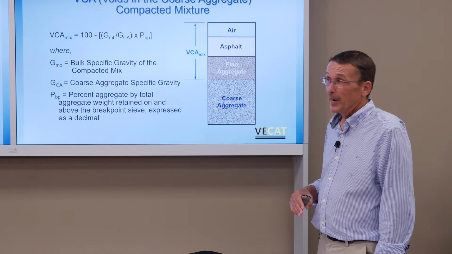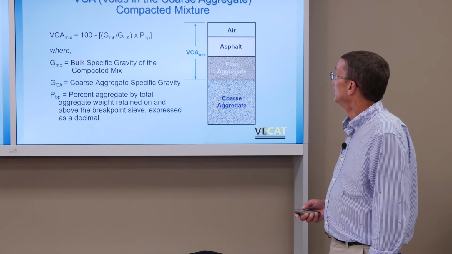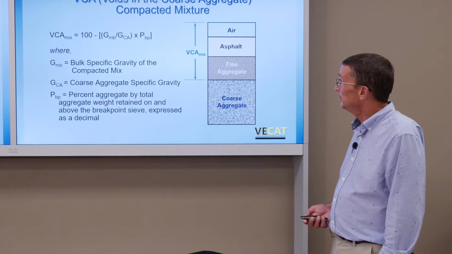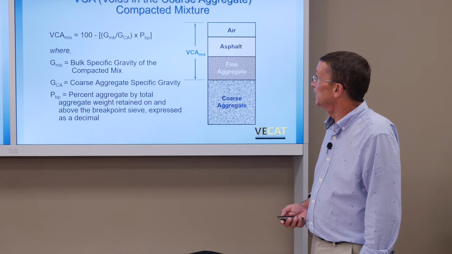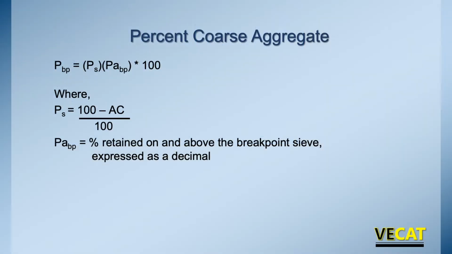And it also drives whether you're going to be successful in your VCA of mix during production. And again, Section 248 during production, if the VCA of mix exceeds the VCA in the DRC, you are to cease production.